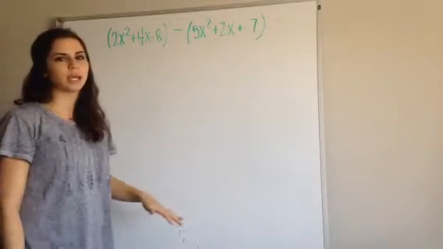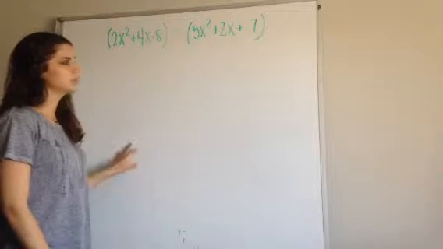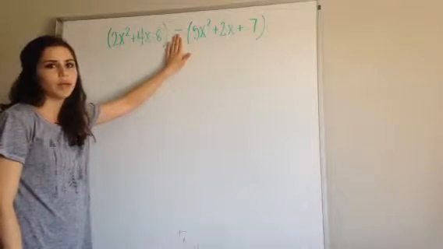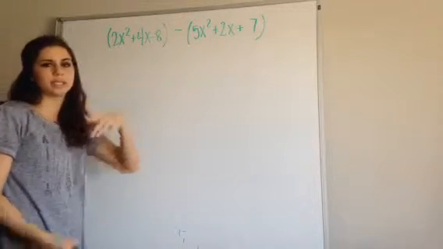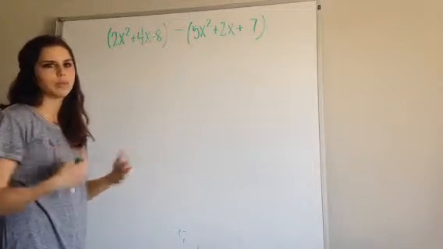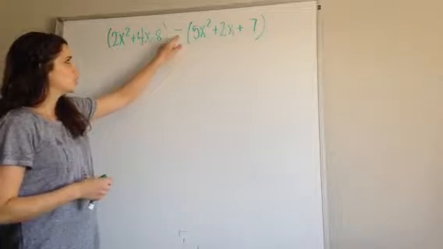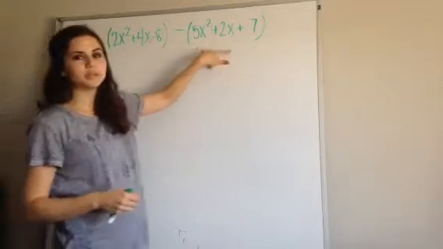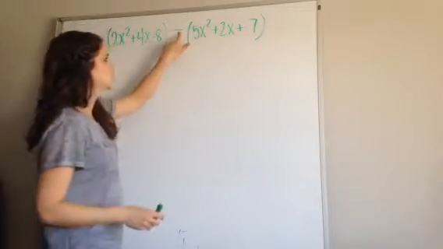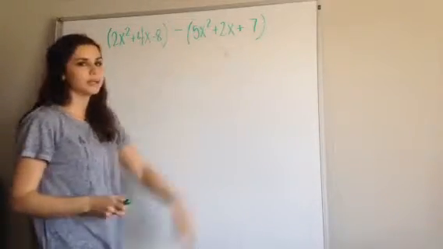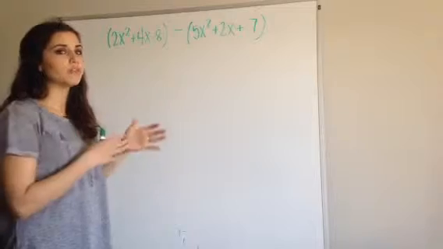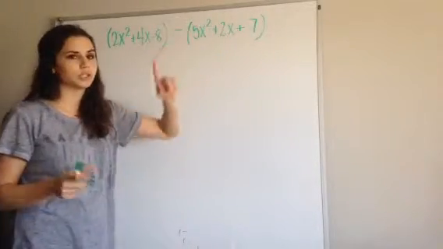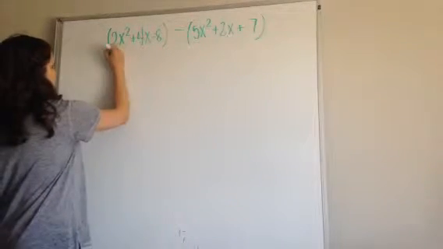Sometimes parentheses can get confusing, but you'll always see parentheses when there's a negative in front. The other one is going to have parentheses just to be uniform. You're going to want to subtract all of that. The reason there are parentheses is because you're going to distribute that negative to everything. The parentheses basically say, don't forget that the negative belongs to all three of those, not just one of them.